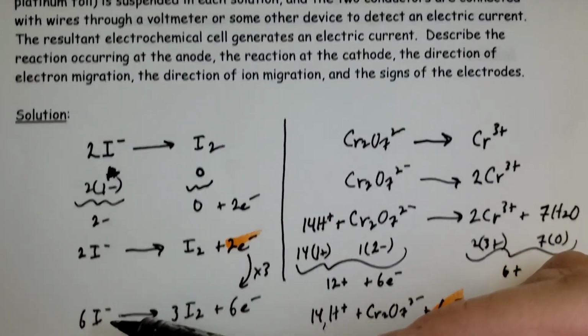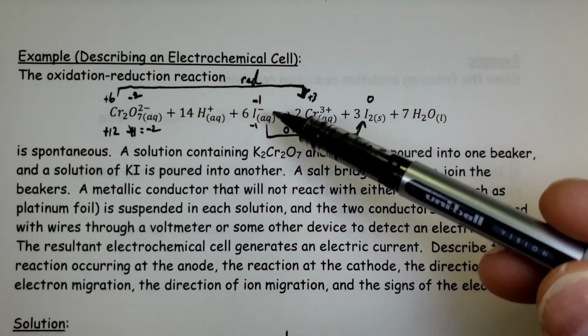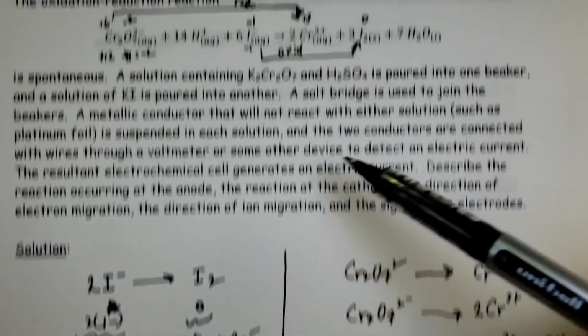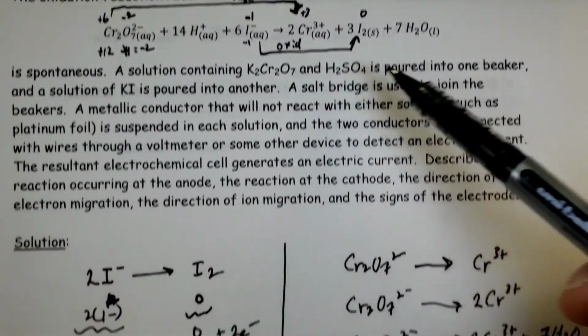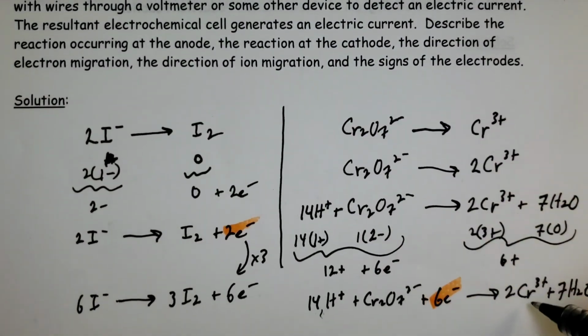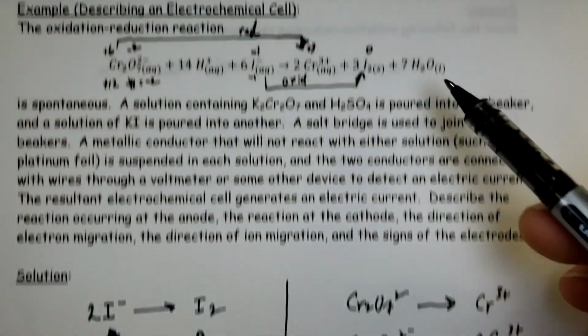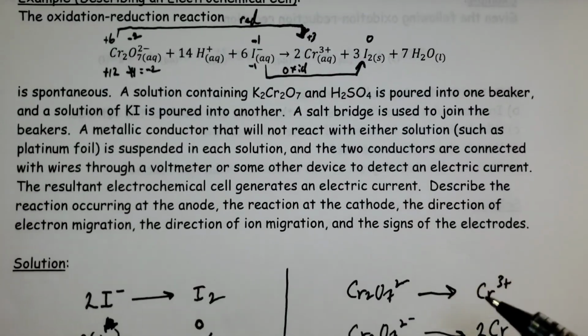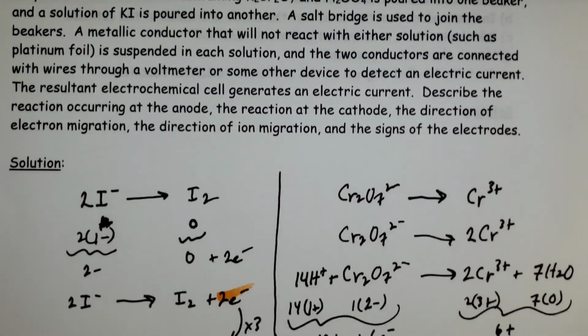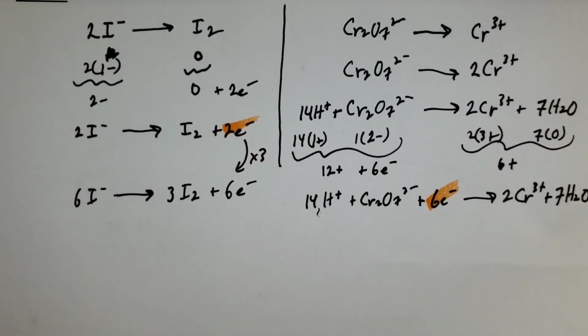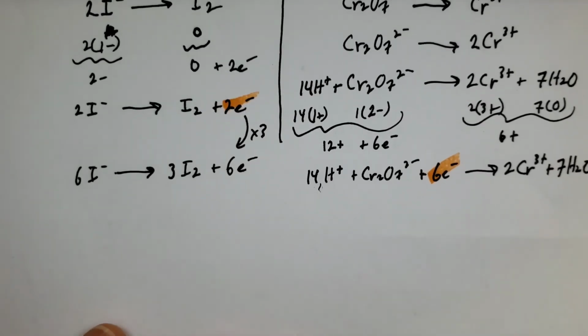Plus 6 iodides. Then on the right, 3 I2s, and 2 Cr3 pluses, and then 7 H2O. So it all comes together perfect. What we'll do is we'll stop the video there, and we'll draw a little picture of what's happening here with these two reactions.